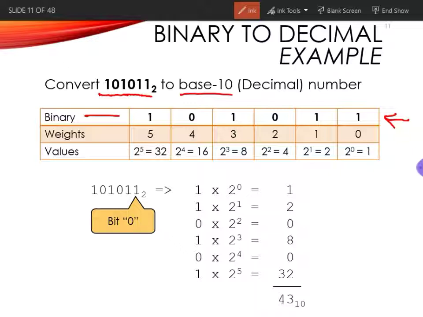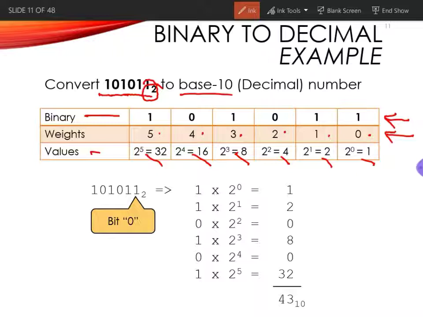Next, we look at the positions of the bits: 0, 1, 2, 3, 4, and 5, starting from right to left. The values for the weights are in terms of powers of 2 because this is a base 2 number. So 2 to the power 0 is 1, 2 to the power 1 is 2, 2 to the power 2 is 4, 2 to the power 3 is 8, 2 to the power 4 is 16, 2 to the power 5 is 32.